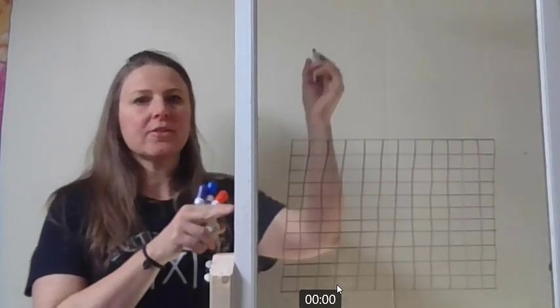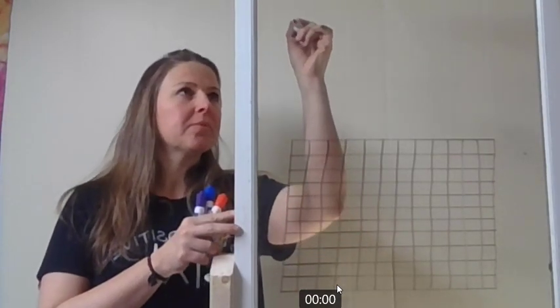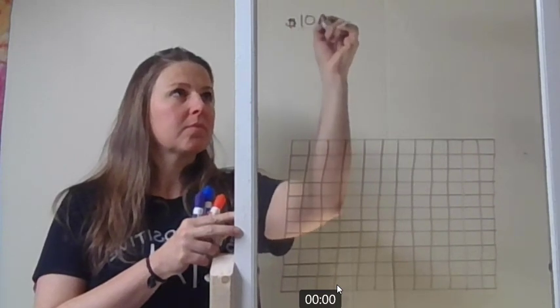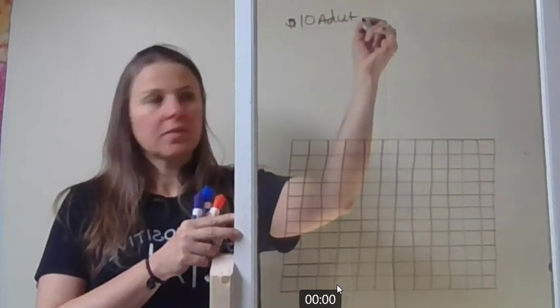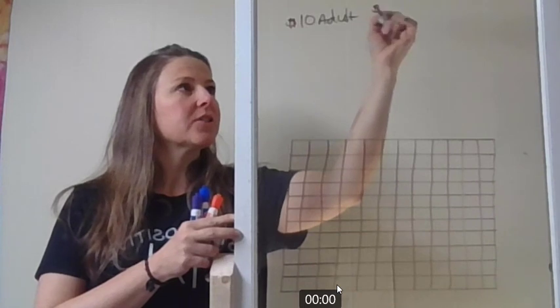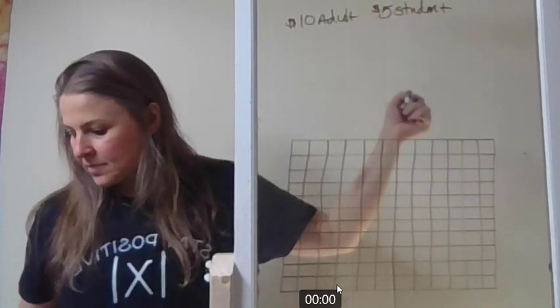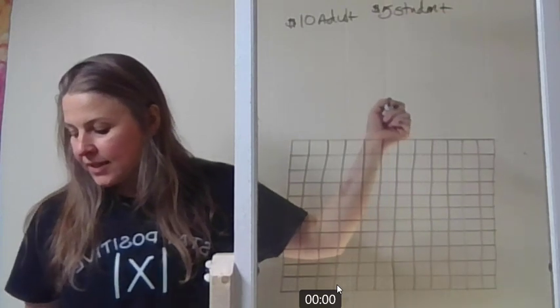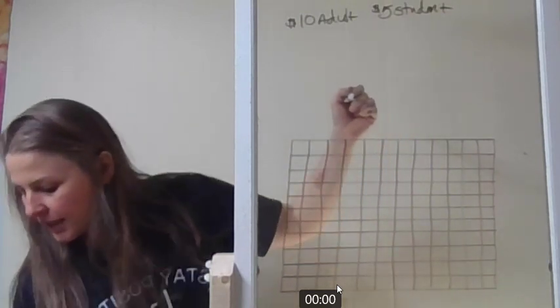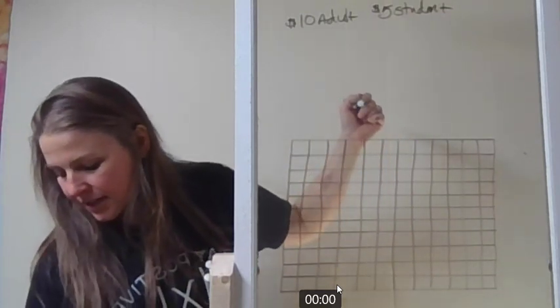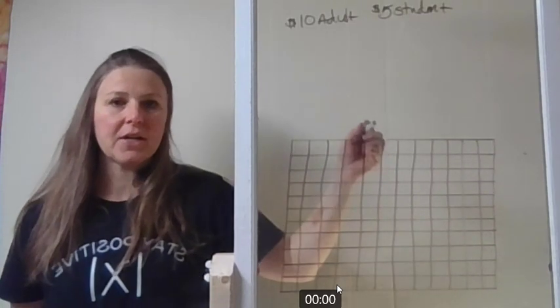Have $10 per adult membership. And $5 per student membership. And the total income is going to be $400, and the total memberships are 50.